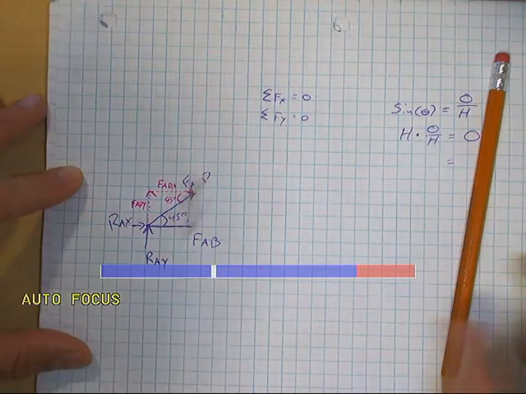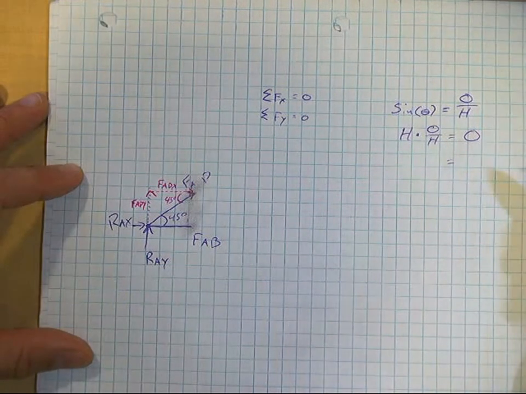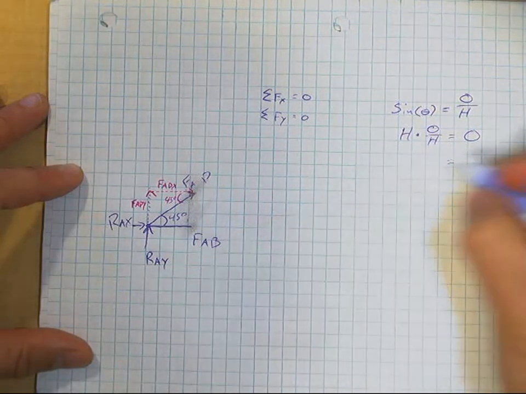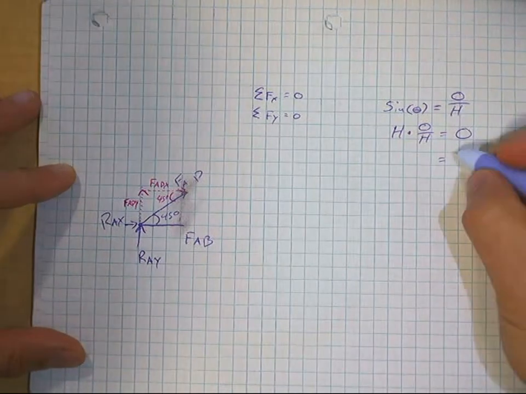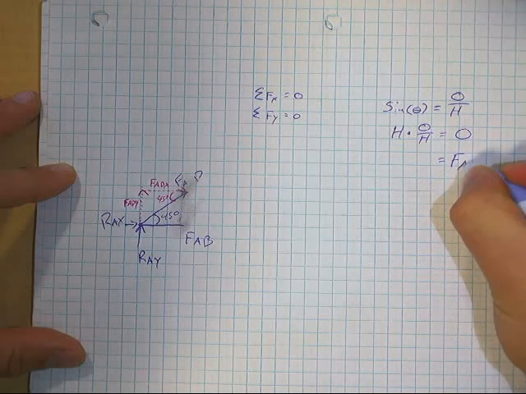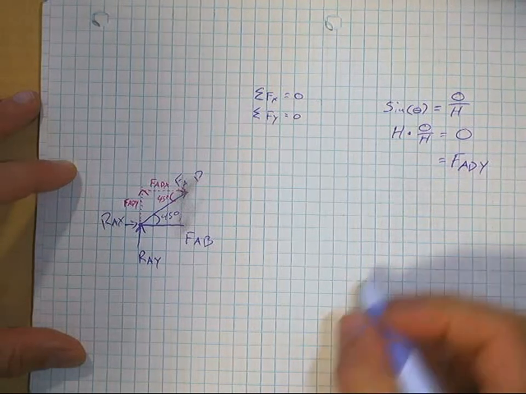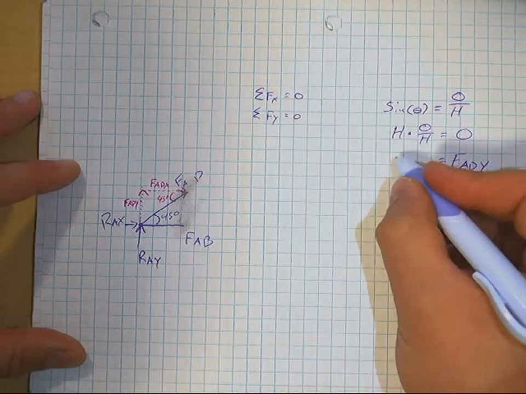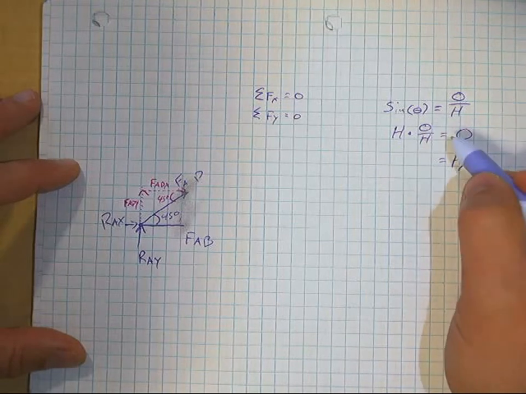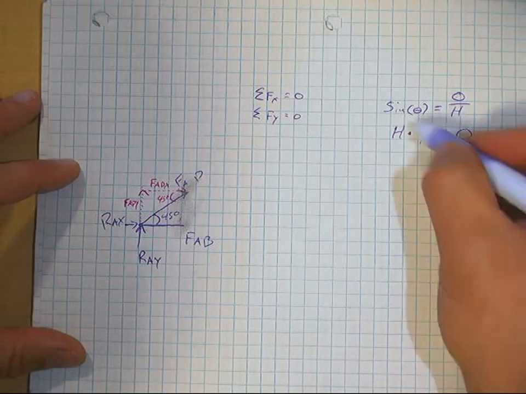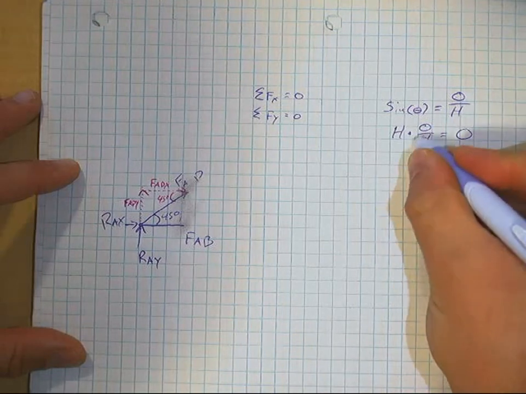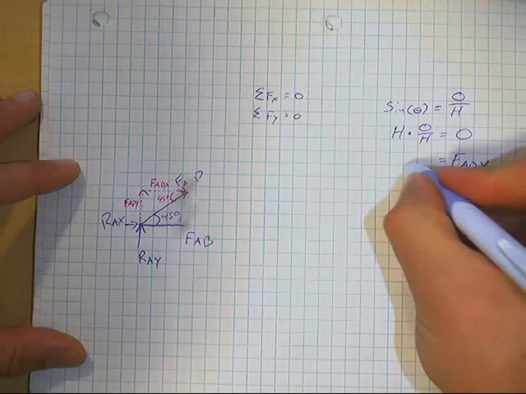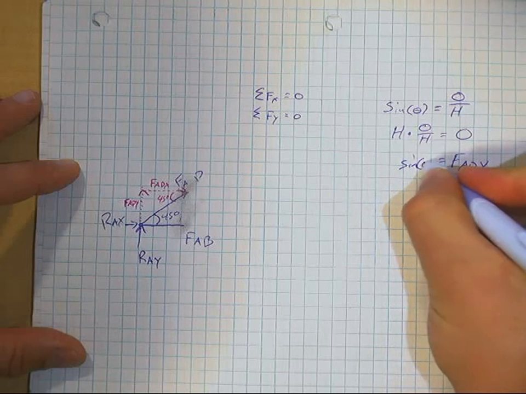We have our triangle there, so we know that in this case our opposite side is FADY. We know our hypotenuse is FAD. We know that sine is equal to opposite over hypotenuse, so we can replace opposite over hypotenuse with sine theta.